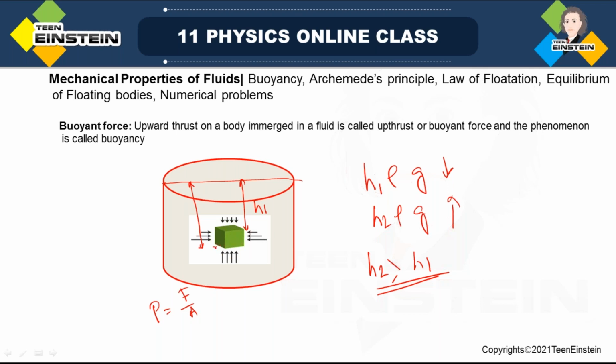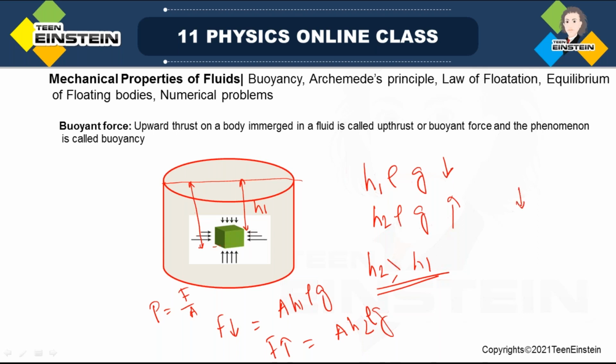So if you multiply the pressure with the area of each face, you get the thrust on each face. The thrust in the downward direction will be A into H1 rho G, and the thrust in the upward direction will be, with the same area of cross section since it is a cubic and symmetric object, A into H2 rho G. So this is the upward thrust.